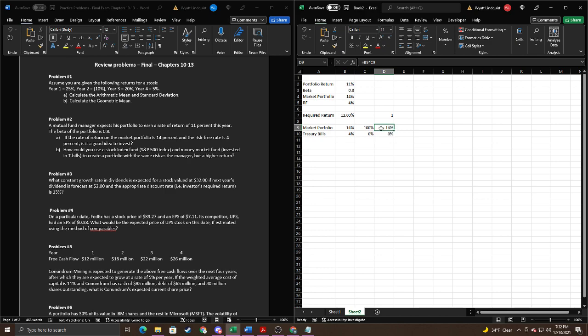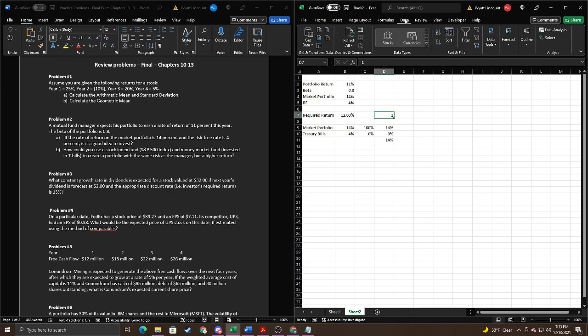We would have a 14% return on that. And if we have 0% in treasury bills, we would have a weighted amount of the treasury bills of 0%. Then we're just going to take the sum of these two, and that'll give us our return on the market portfolio and on our treasury bills combined together. So what we need to do is set some value in this box that will give us a return equal to this required return.